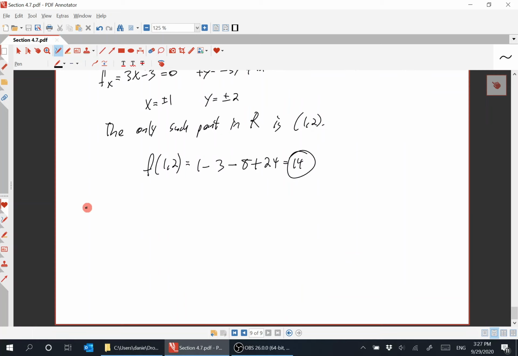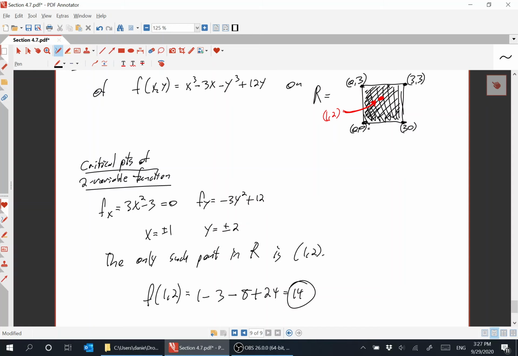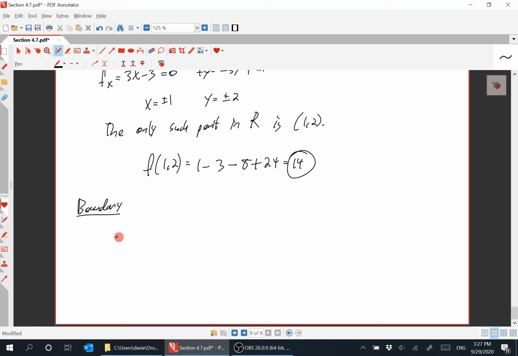All right, so now let's look at the boundary. So the boundary on the bottom here, these are the points (x, 0) for x between 0 and 3. So the point here, (x, 0), with 0 less than or equal to x less than or equal to 3.